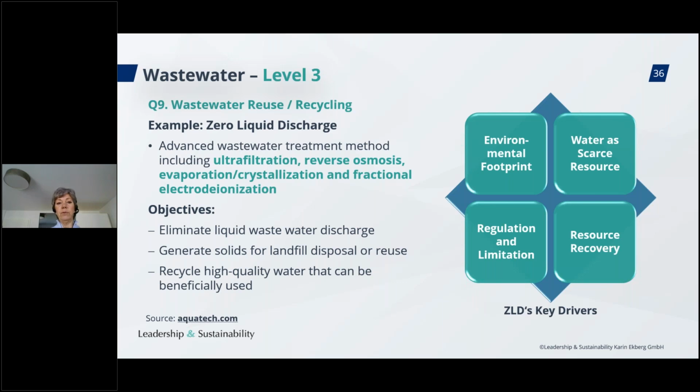And that, of course, means that if you can recycle your water, it's a very good approach, and is very good for the environment. And obviously, this is the only question at level 3. So if you want to score 100 points in the wastewater section, you actually need to get those 25 points here as well.